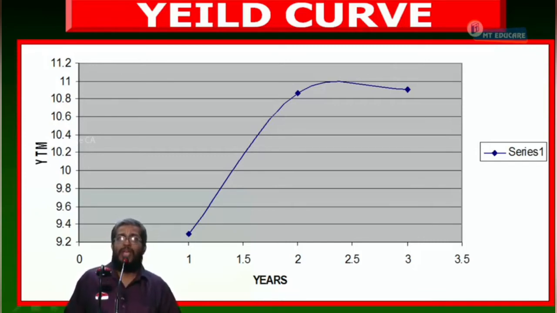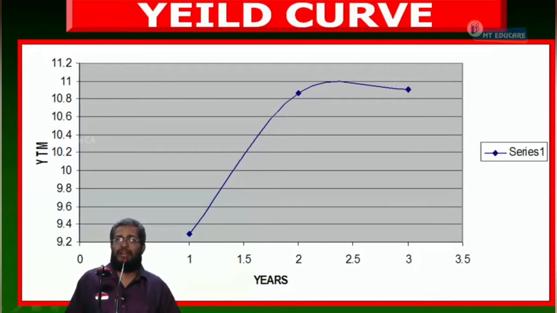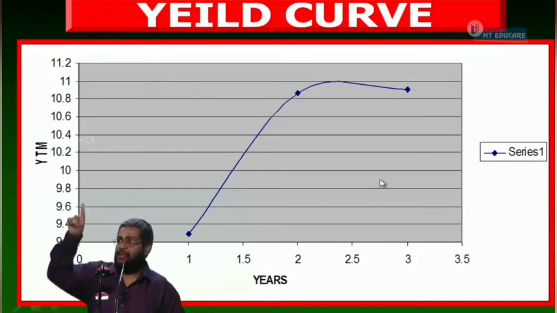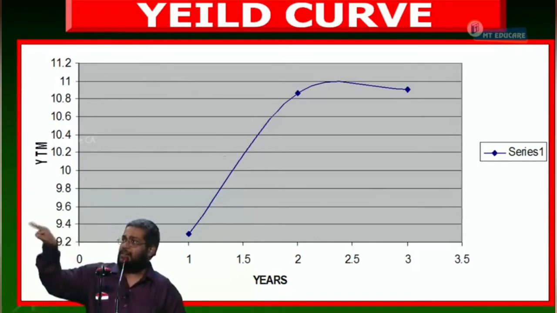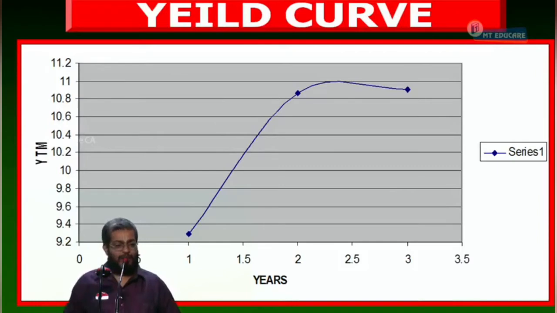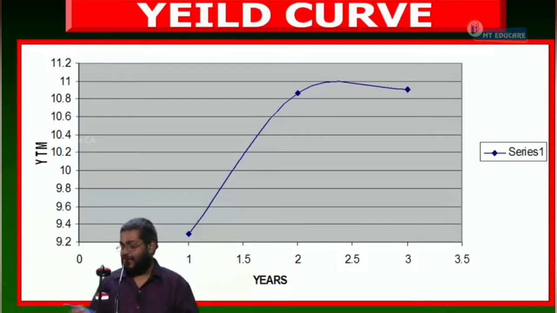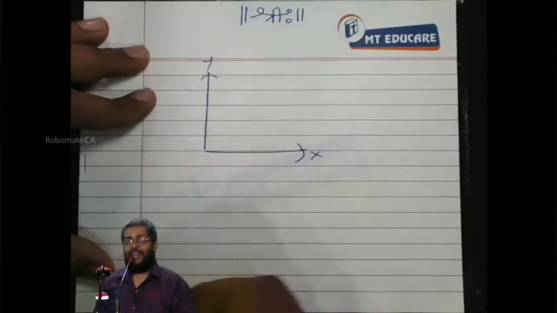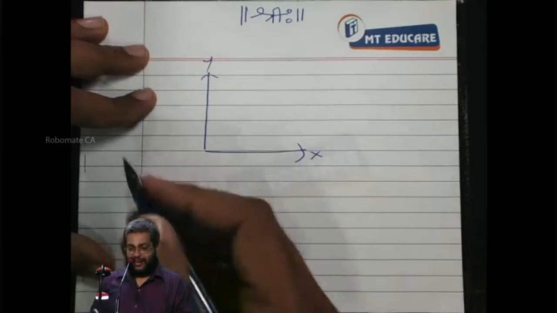Full stop. If you want, just draw the yield curve. Don't draw so elaborately. Just one x-axis, y-axis. Draw a curve like this. That is called the yield curve. Otherwise we'll take 1 hour to draw this, putting all the Excel lines. Very simple. Draw a line like this. This is the x-axis, this is the y-axis.